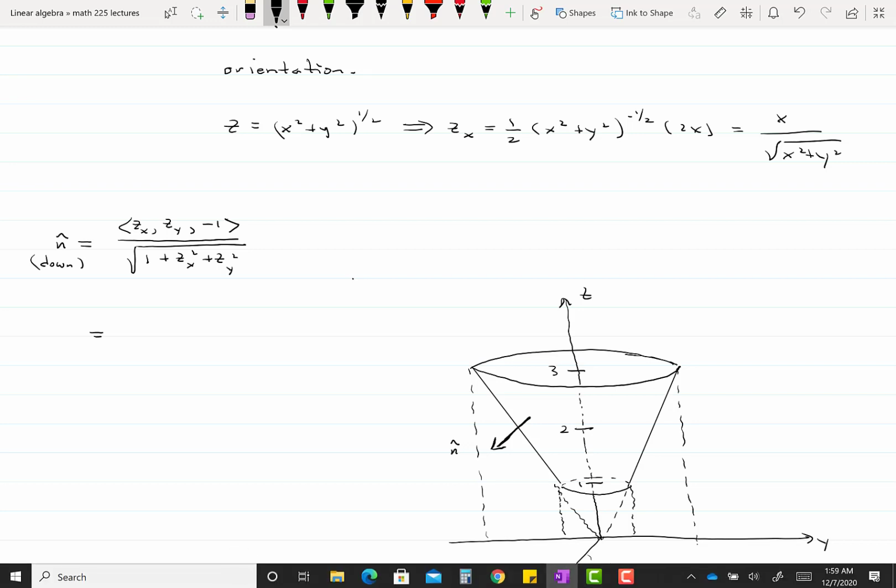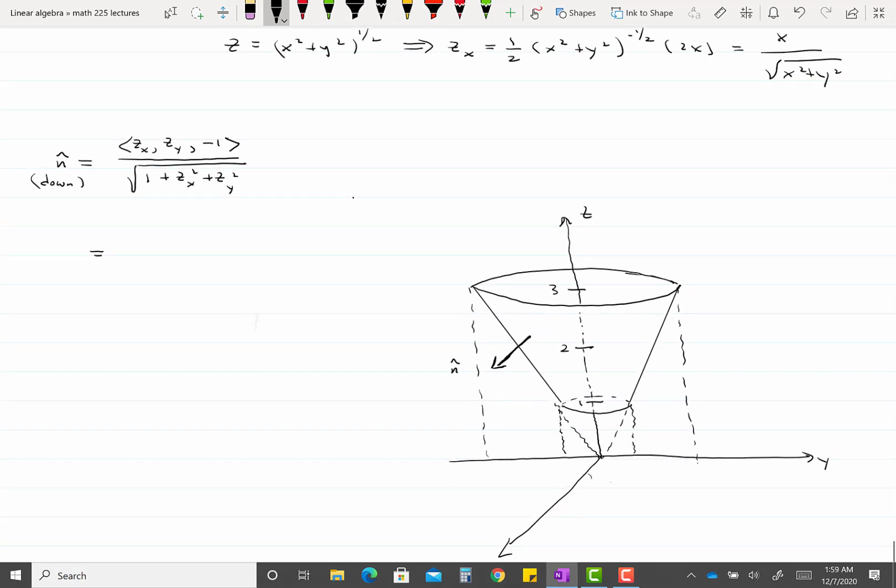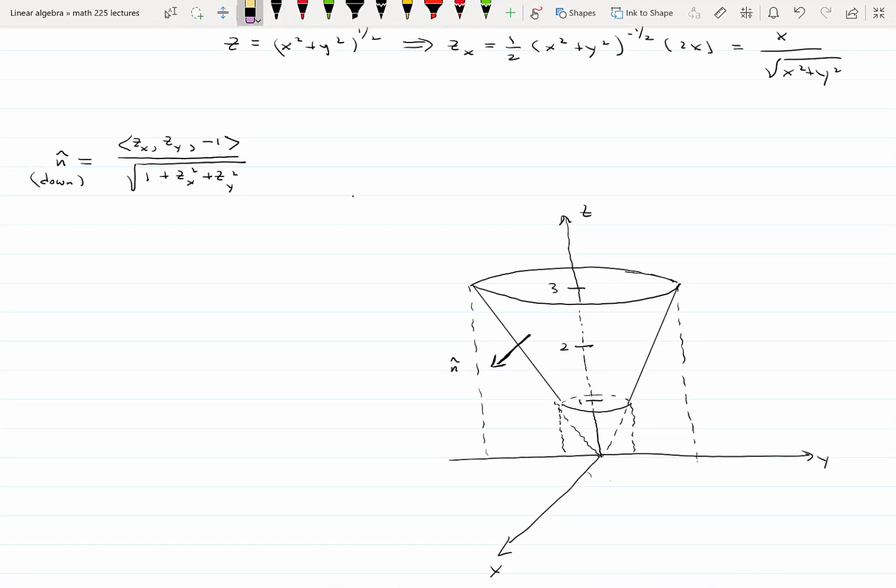So our normal then, it's going to look kind of big at first here. Our normal vector then will have components z sub x, x over the square root of x squared plus y squared, z sub y would be y over the square root of x squared plus y squared, similarly, comma, negative 1, all over the length of the vector in the numerator.